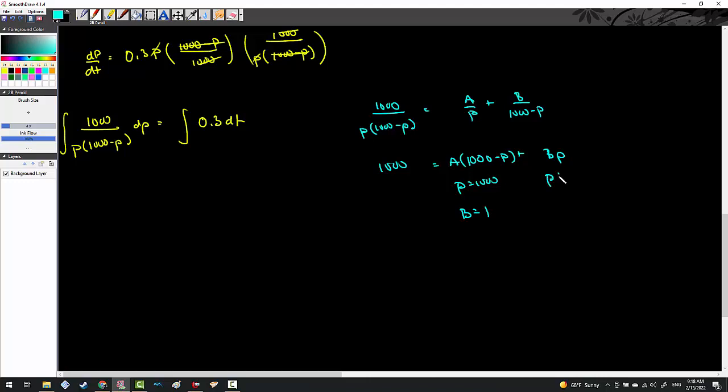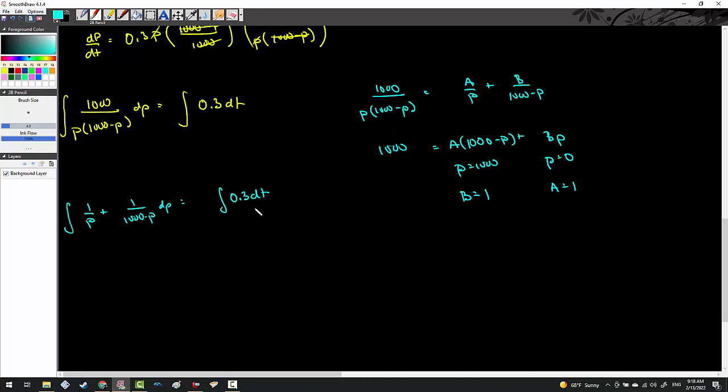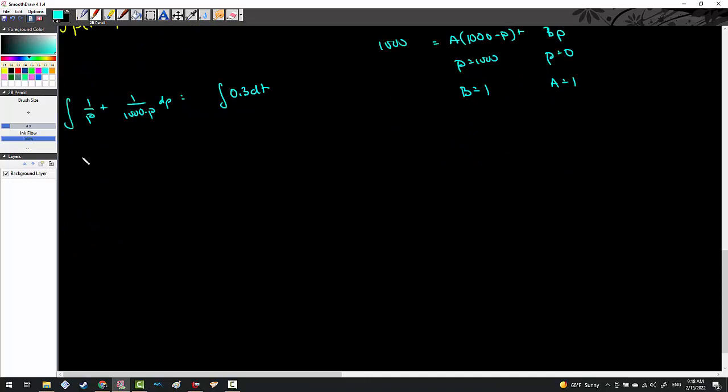If I let P equal 0, I get A equals 1. So I'm going to have the integral of (1 over P plus 1 over (1,000 minus P)) dP equals the integral of 0.3 dt. So the integral shouldn't be too terrible at this point. ln of the absolute value of P minus ln of (1,000 minus P), again, the negative comes out from the chain rule, equals 0.3t plus C.